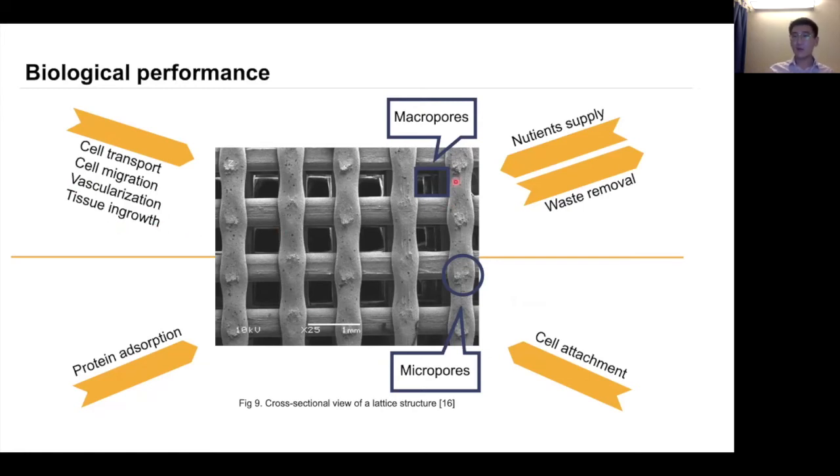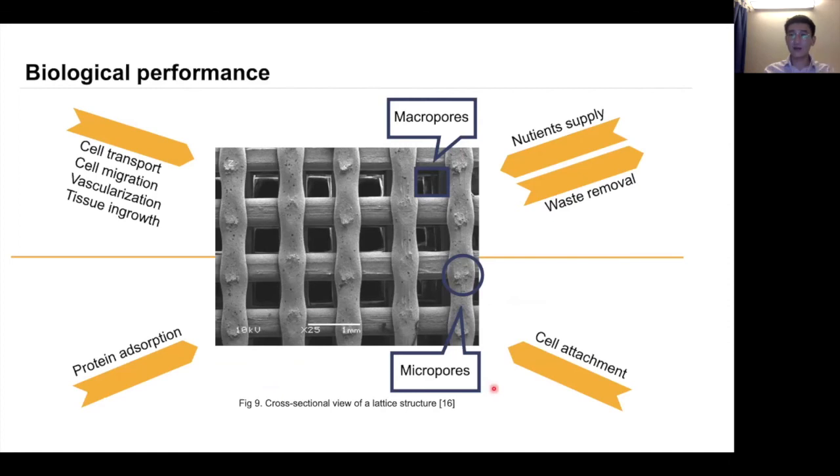These pores are pathways whereby nutrients can come in and supply, and waste can be removed out of this defect site. The micropores are more like small anchor points for proteins and cells to attach and adsorb onto the surface, and therefore facilitate bone tissue ingrowth.